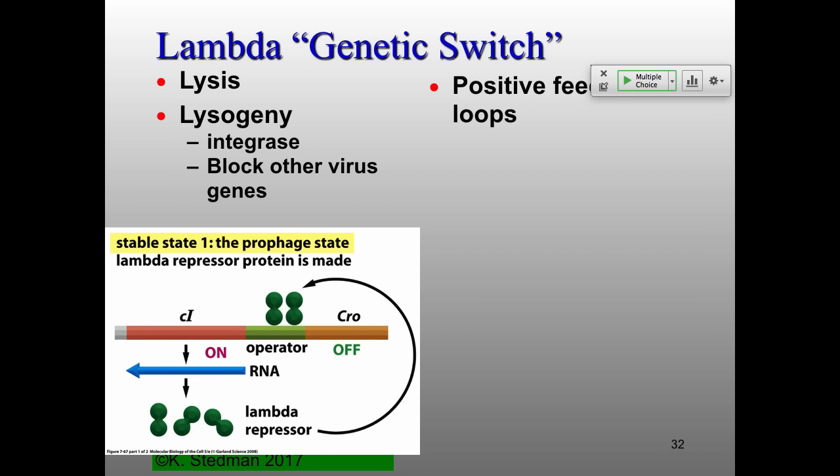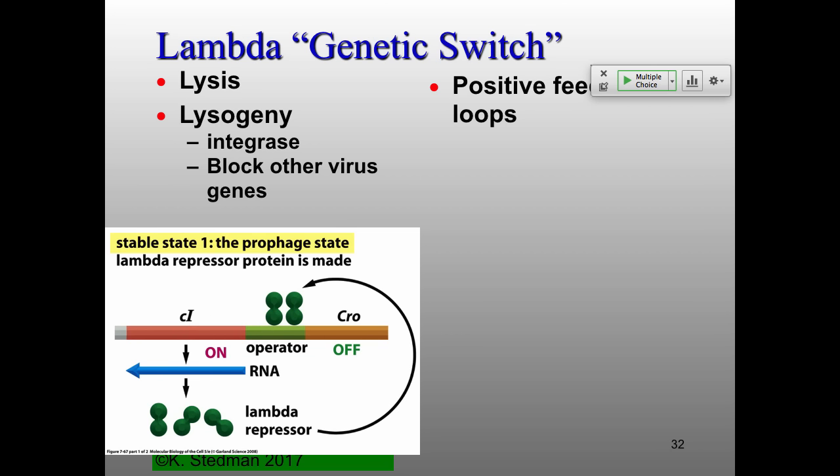So this is the state right here, where you have the lambda repressor protein, which is serving, again, confusingly, unfortunately, as a transcriptional activator. It's expressing its own gene. So lambda repressor leads to expression of lambda repressor. This is called the C1 gene.